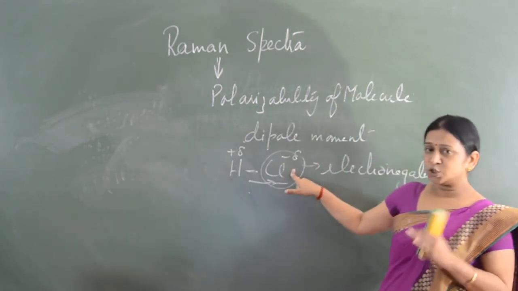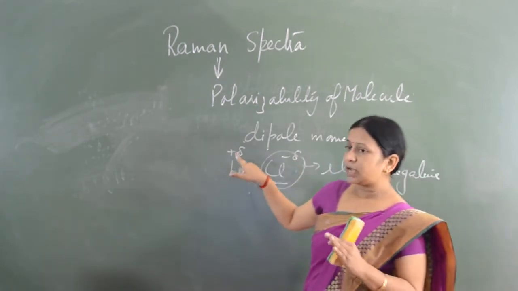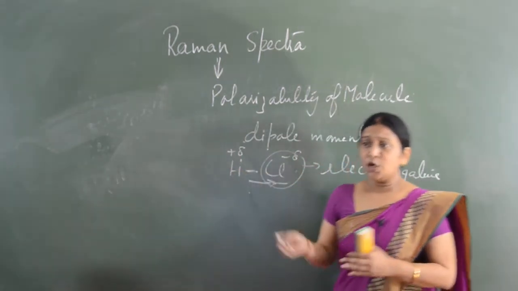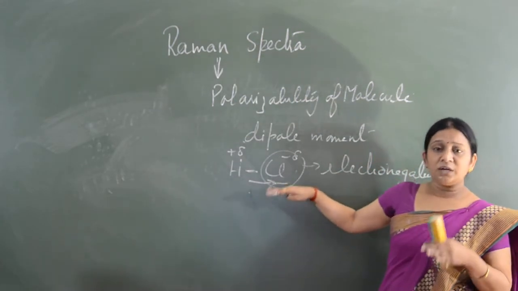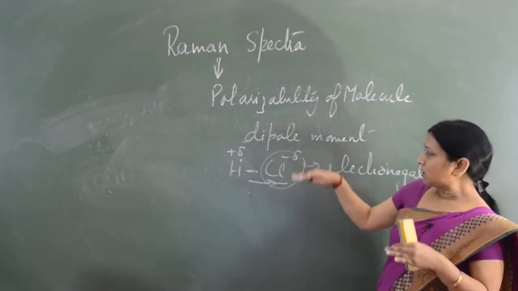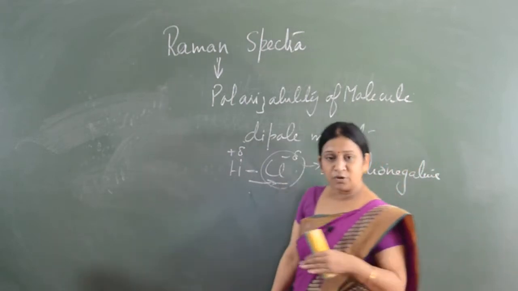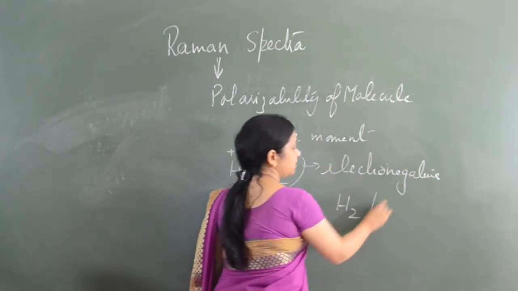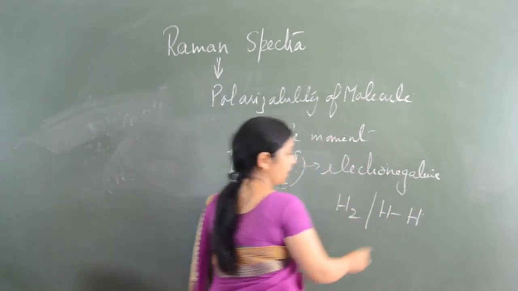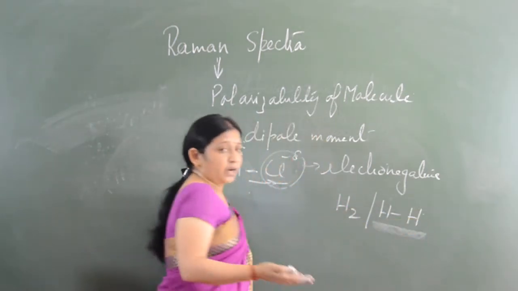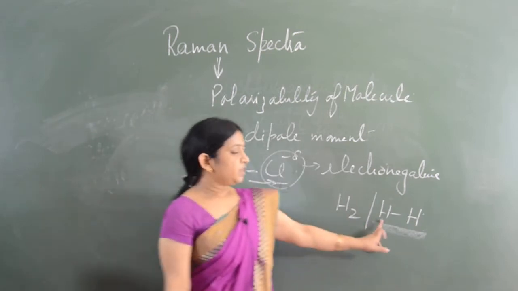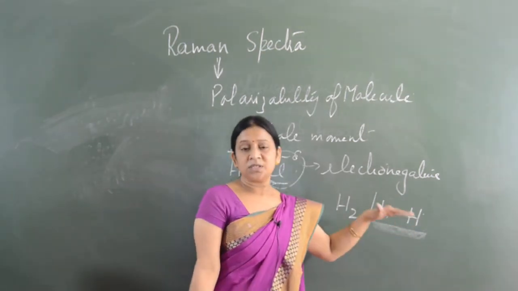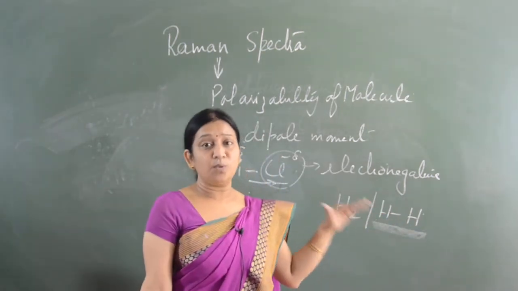Chlorine acquires a partial negative charge and hydrogen acquires a partial positive charge. So this molecule is going to have a dipole moment because of the presence of this electronegative atom. But if I talk about H2, here both are hydrogen, so there is no electronegativity difference. So this molecule is not going to have a dipole moment.